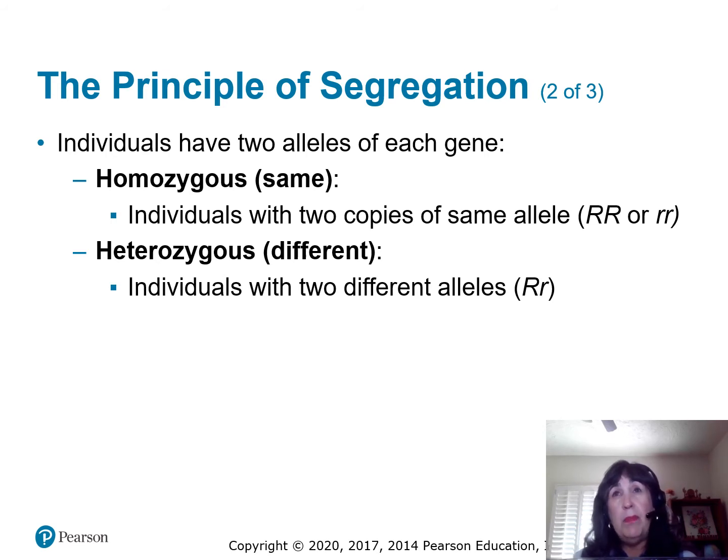Notice here maybe big R is used for red and little r may be used for white. So here we have homozygous dominant or homozygous recessive with the little r. And hetero means different. So heterozygous means two different alleles, big R, little r.